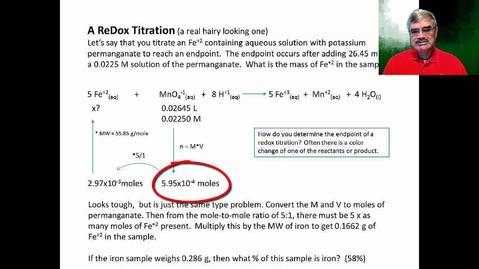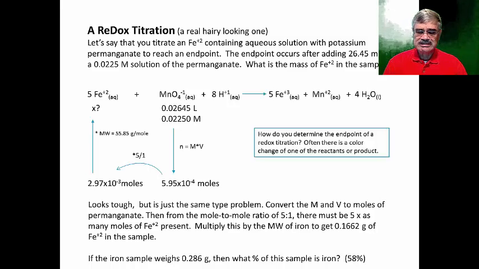So the question is, if I have an endpoint titration where I've reached the same number of moles of permanganate as the number of moles of iron plus 2 that it will react with, that's what we mean when we reach that equivalence point. I reached this with 5.95 times 10 to the minus 4th moles of permanganate. How many moles of iron plus 2 would that have reacted with?